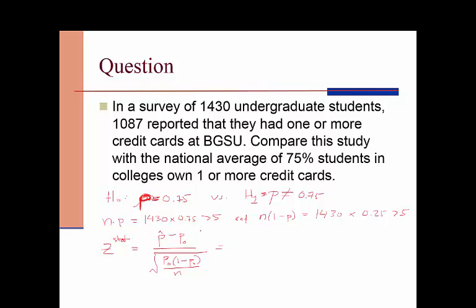Now p hat is 1087 over 1430, minus 0.75, all over square root of 0.75 times 0.25 divided by 1430.